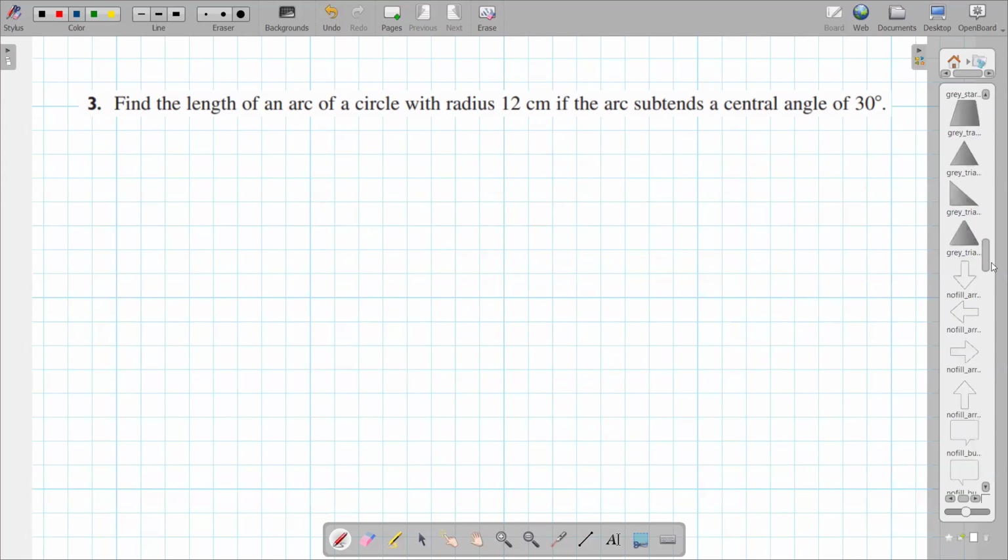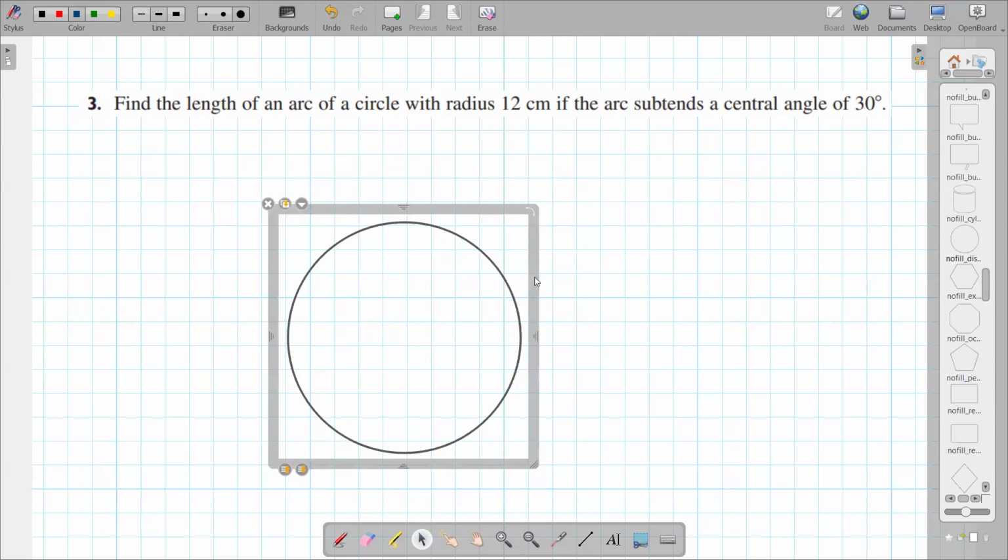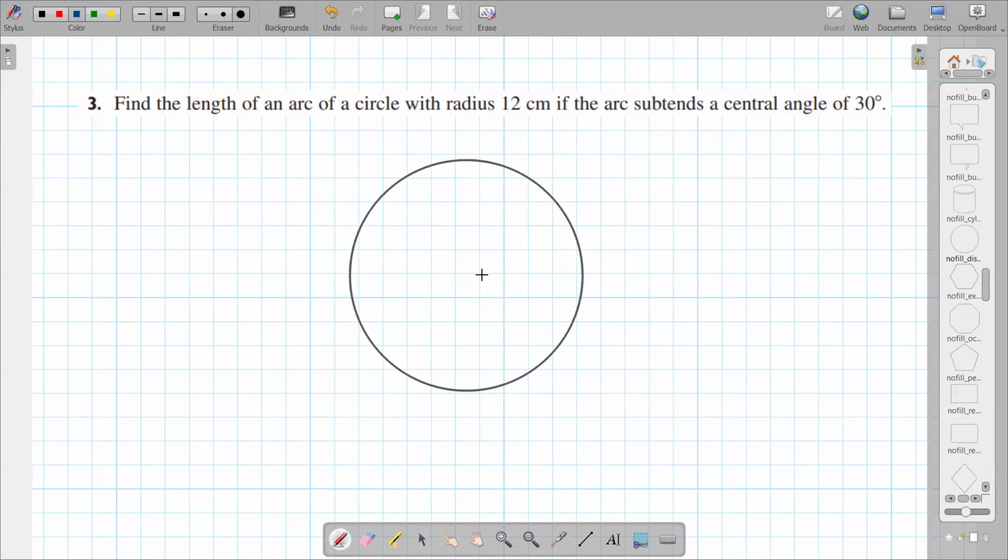So anyways, there's a circle and we're asked to find an arc length. So let's say this is our circle. The radius is 12, right? So this is 12 centimeters and it's making an arc. To make an arc, you need 2 radii. So like this, and the angle here is 30 degrees.